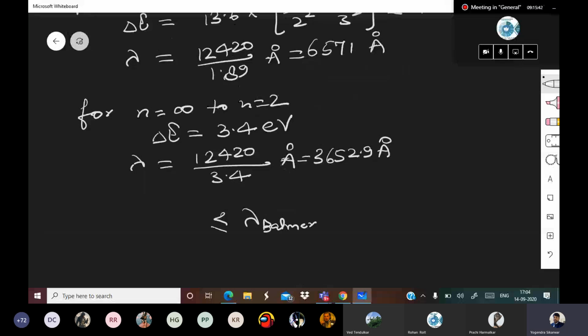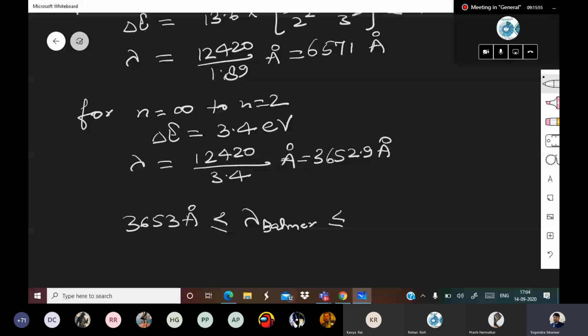So the point to be noted is lambda of Balmer is from 3653, I am using 3652.9 as 3653, to 6571 angstrom.